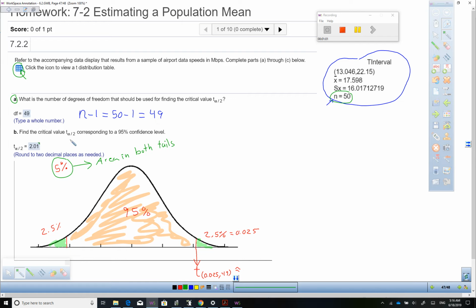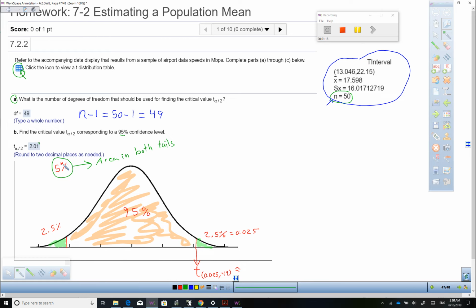To find the critical value corresponding to a 95% confidence level, remember that the confidence level goes right here in the middle. So if we have 95% in the center of this t distribution, there will be an area of 5% among these two tails. So this is the area you have in both tails.